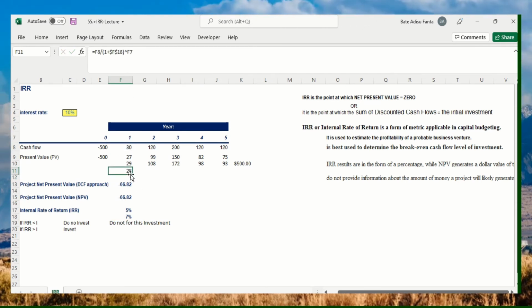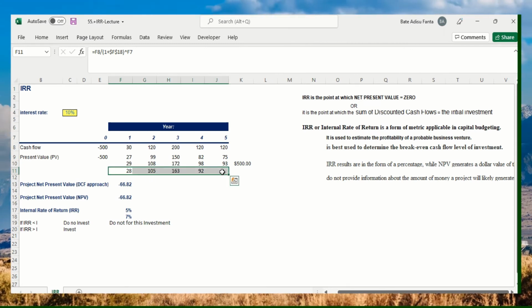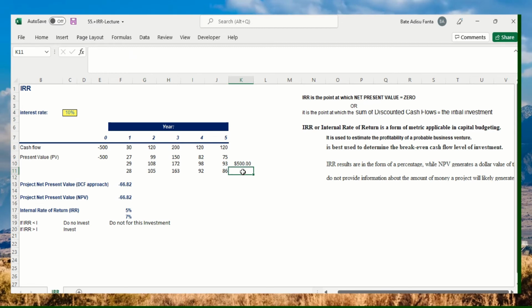Then let's calculate the present values for all 5 years, and see if we can cover our initial cost with 7%. We cannot cover it, because the sum of discounted cash flows for 5 years with a 7% cost of capital will be 473.22.